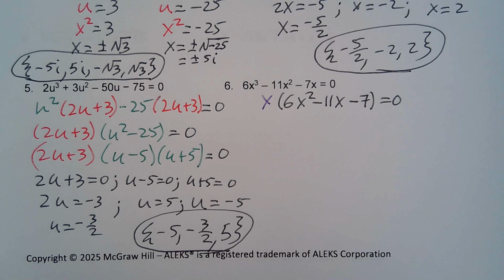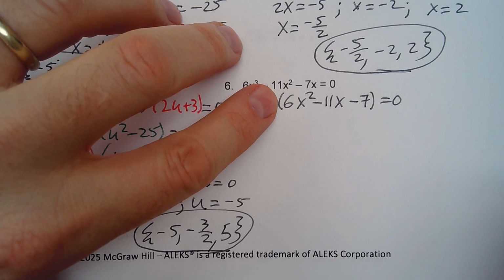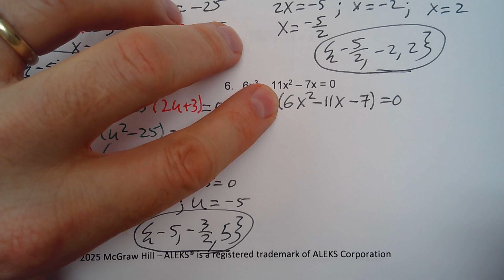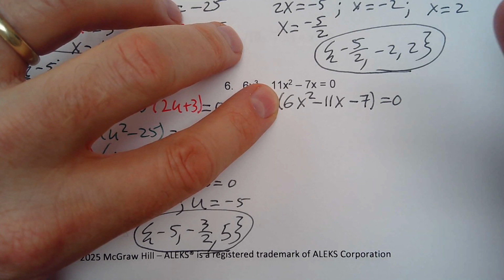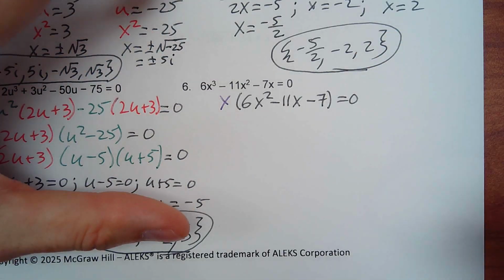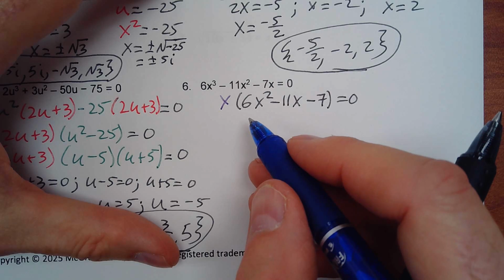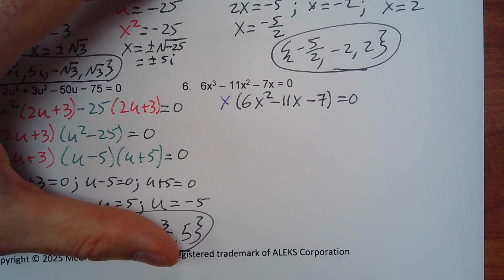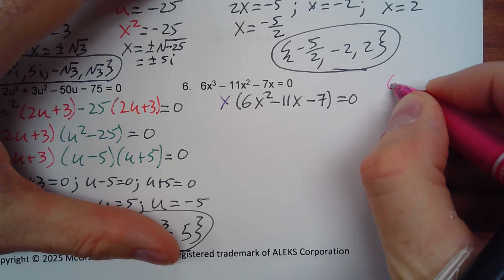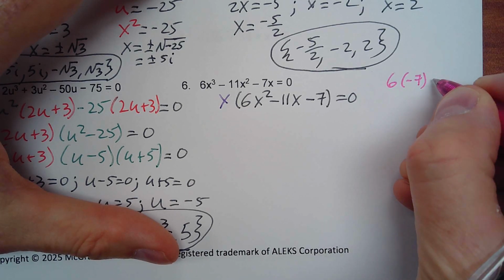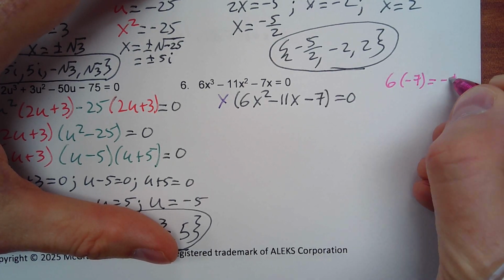Now, we can do this second part by either factoring or using the quadratic formula. It will work out anyway. Just to practice, let's do it by factoring. So here I have to use the AC method because the coefficient of my square term is not 1. So I'm going to do 6 times negative 7, which is negative 42.